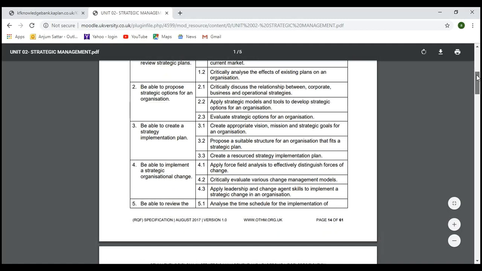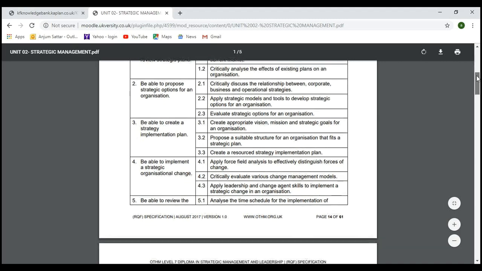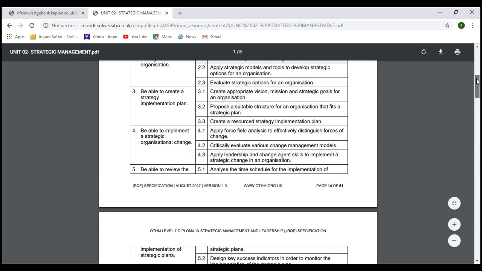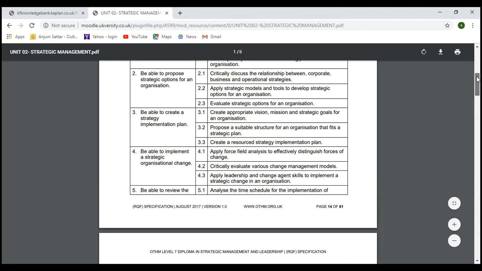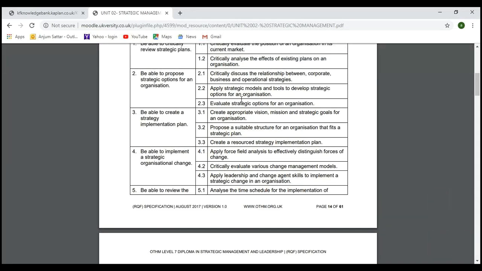In LO3, we discussed how to evaluate and critically appropriate vision, mission and values, and the purpose of structure and how structure can help in our organization. In LO2, we discussed leadership, different models of leadership, and evaluating strategic options for an organization.